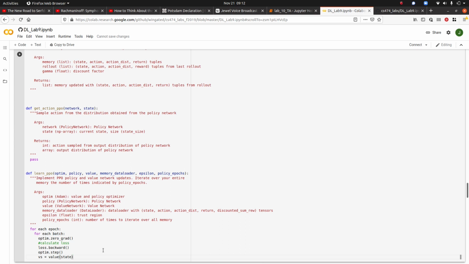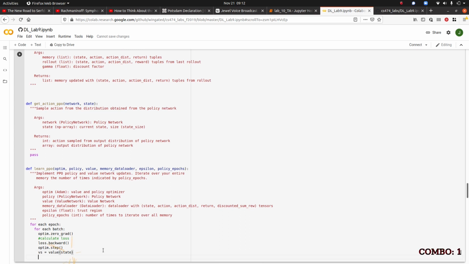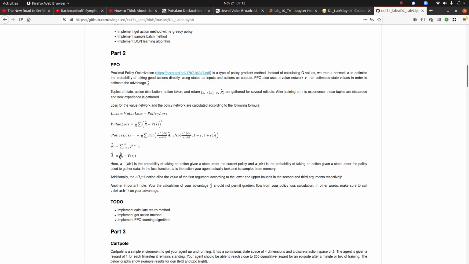So there's V of S, and then we're just going to take the mean squared error of that and the actual return. Now notice the advantage is the true reward minus what we thought the reward would be. So this value loss is kind of the mean squared error of just the advantage.